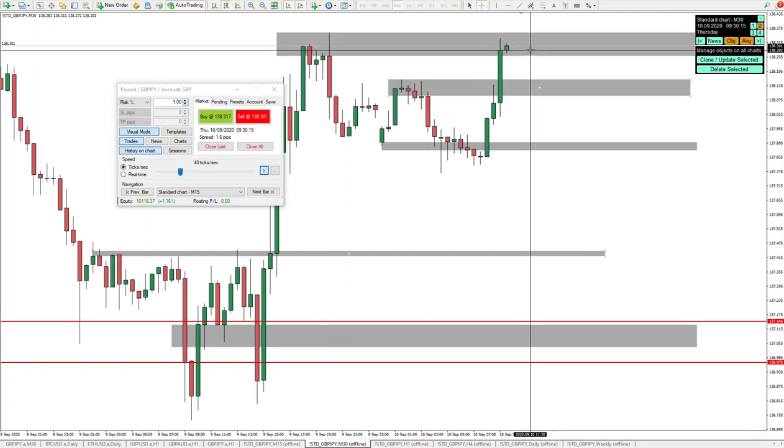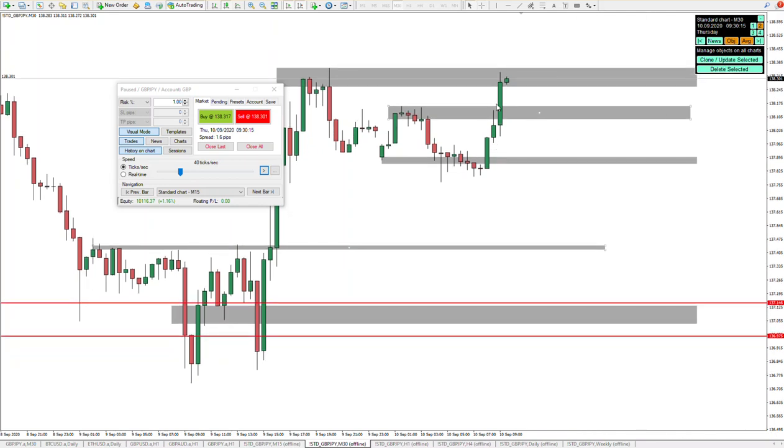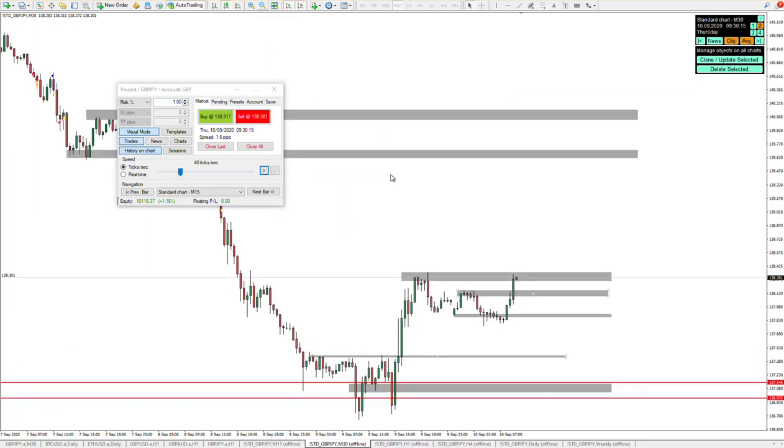Little candle. We are in pre-London volume time. If we would pass this wick, what can we expect? There's a lot of room till we get to this previous support. That would be very nice to trade. Let's see what we can get from that.